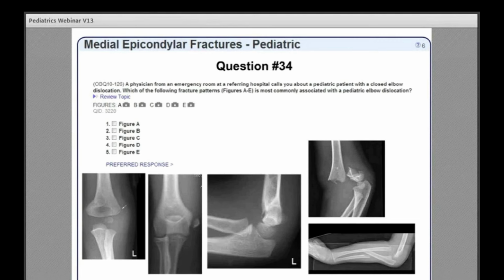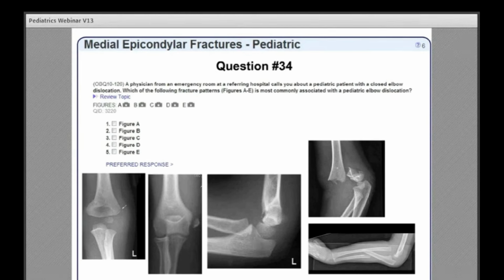The first x-ray on the left is an example of a supracondylar humerus fracture with perhaps an associated lateral condyle fracture. The next is a medial epicondyle fracture. You can see that the medial epicondyle is displaced in an older child.